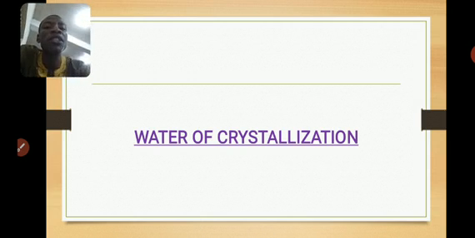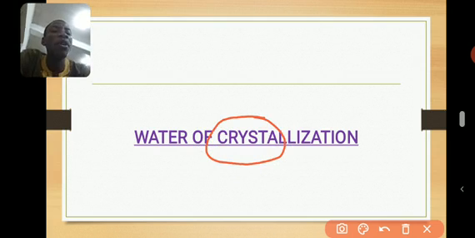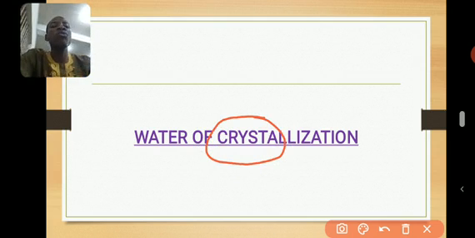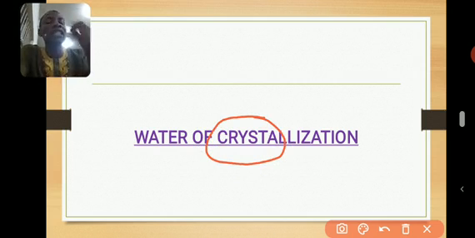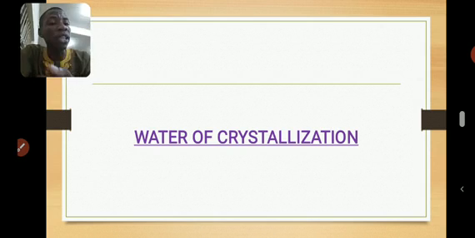From the word crystal, crystal means a substance that has a regular shape. So when you recover a salt by crystallization, that kind of salt will have a regular shape, and it's actually purer than the salt you obtain by evaporation to dryness.